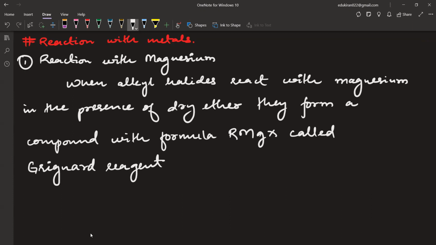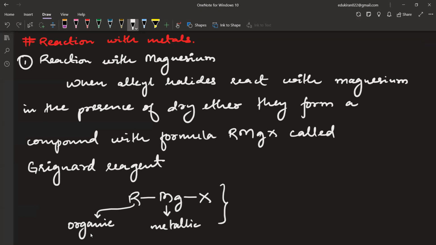So in this RMgX, we have R group, which is bonded with magnesium, further bonded with halogen atom. So this part, that is R, is the organic part. This is the metallic part.